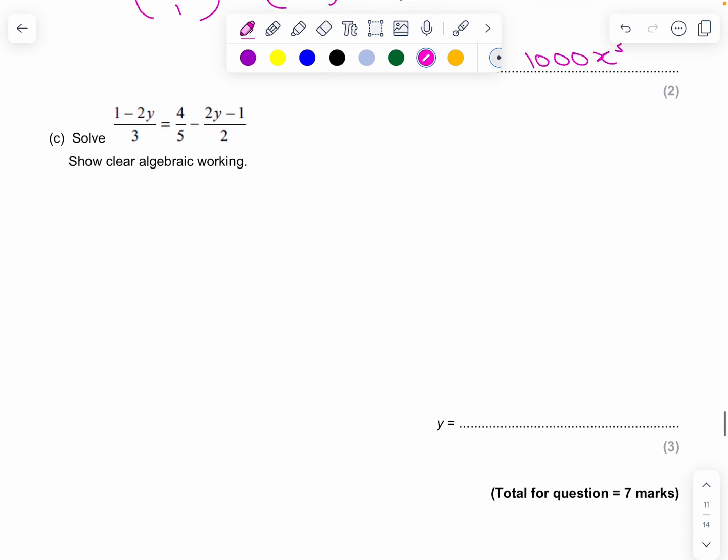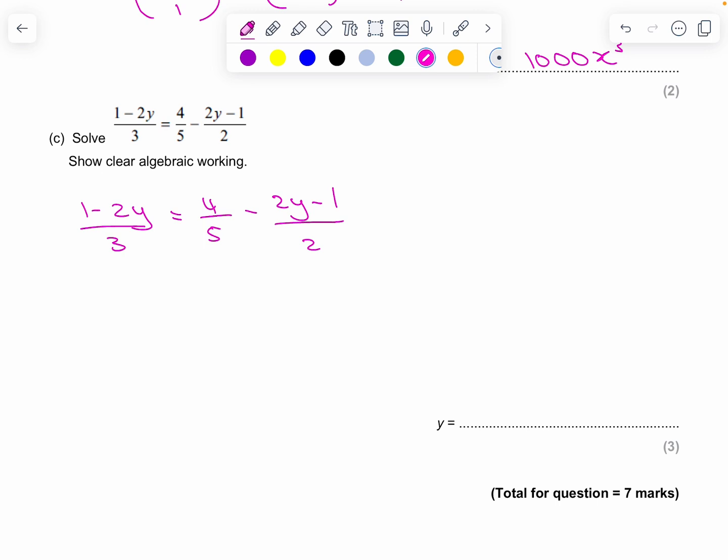Right, part C. Again, there are a few ways to do this, but my favourite way of doing this would be, first of all, to combine the 4/5 and the (2y minus 1) over 2.